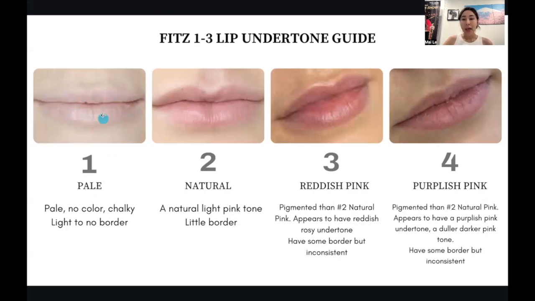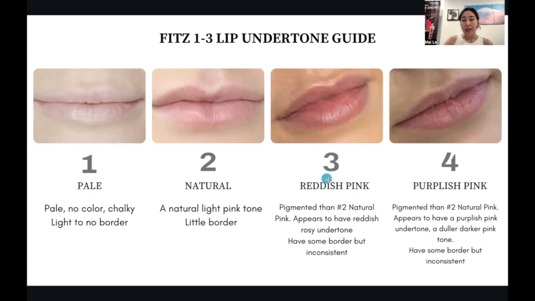Any color that goes on this type of lip will for sure show a lot. Number two is the natural type of undertone, where there's a little bit of pink tone and a little bit of border because of the pink undertone on the lips, but still considered to be light.